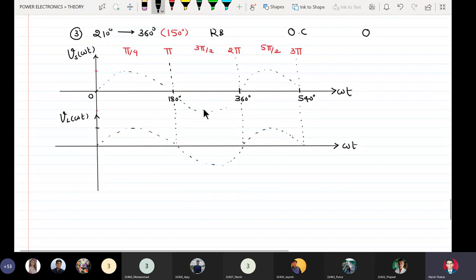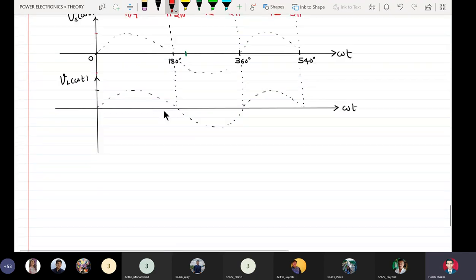Here I'll put a marker at 210 degrees here. So this is 90, 1/3 of that, so it will be 210 degrees here.